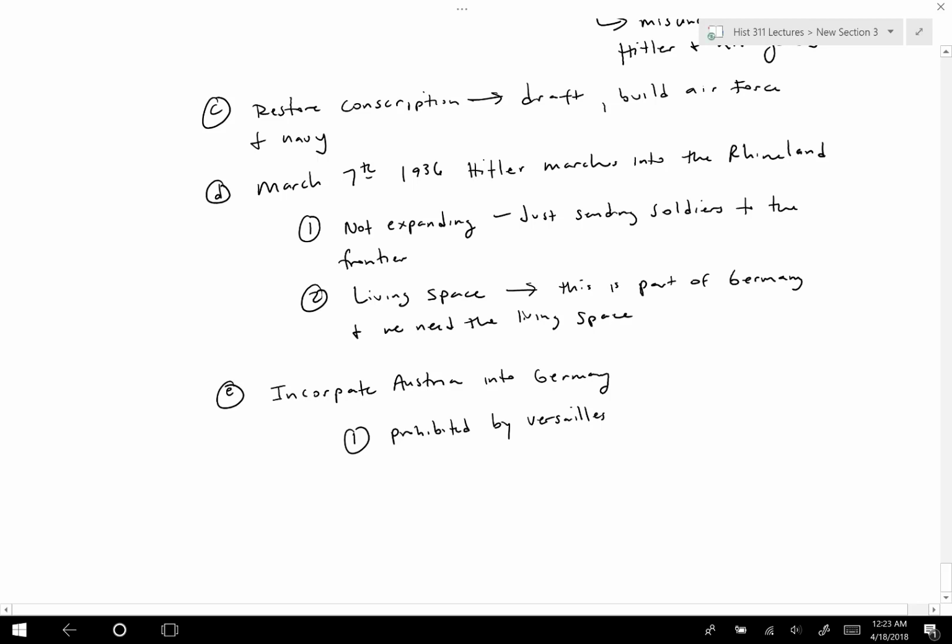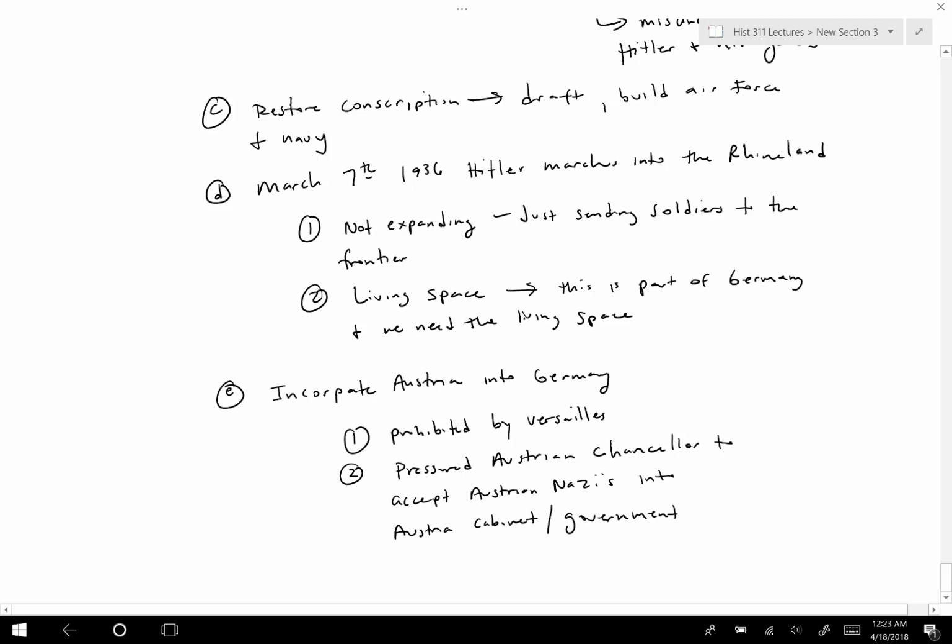It prohibited any kind of joint union, but he did so anyway, and he pressured the Austrian Chancellor to accept Austrian Nazis into his cabinet, into Austria's cabinet government. So essentially, what's the goal of this? It's again to take control when he is ready.